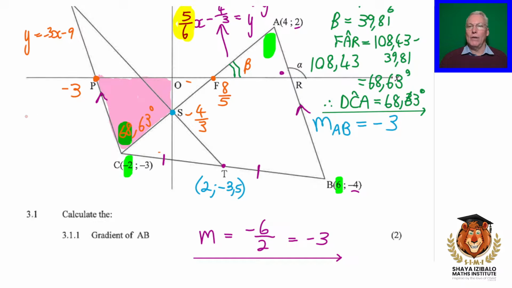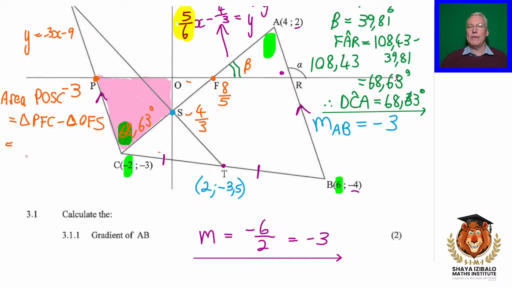So the area of POSC is going to be the area of triangle PFC minus the area of this little white triangle on the side here, OFS.